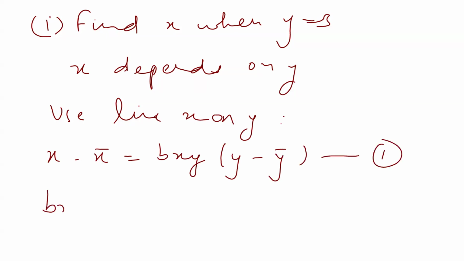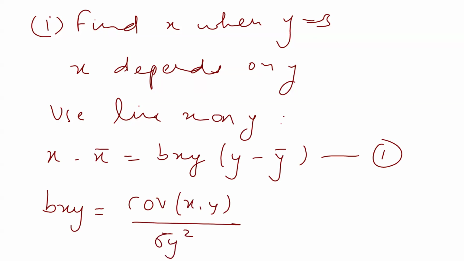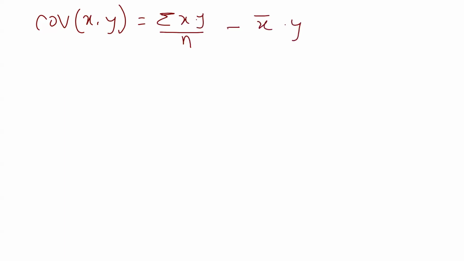Now bxy is covariance between x and y upon standard deviation of y square, equation number 2. Let's start with covariance between x and y. Covariance between x and y, summation xy upon n minus x bar y bar. So summation is besides xy.